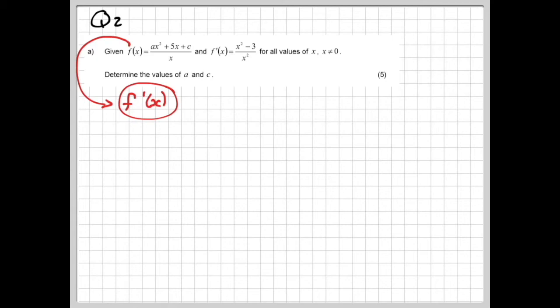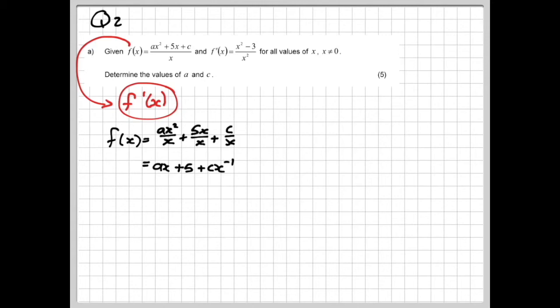So to divide that x away is going to be our first step. So I'm going to split up that expression and put each of the numerator's terms over x, which means f(x) is actually equal to ax plus 5 plus cx to the negative 1.